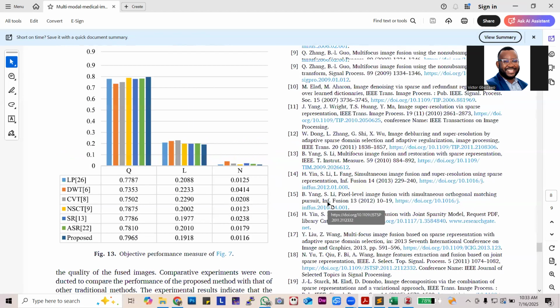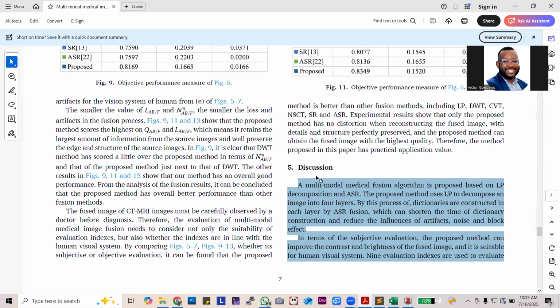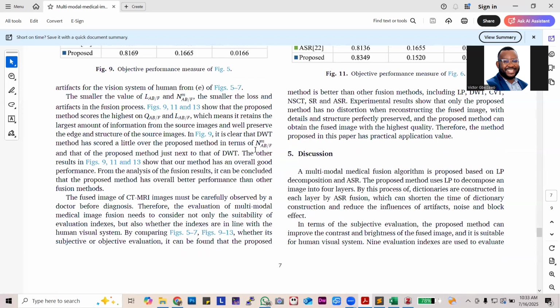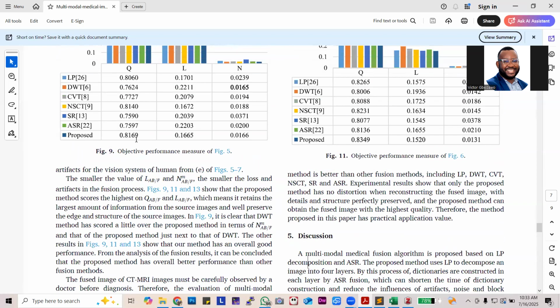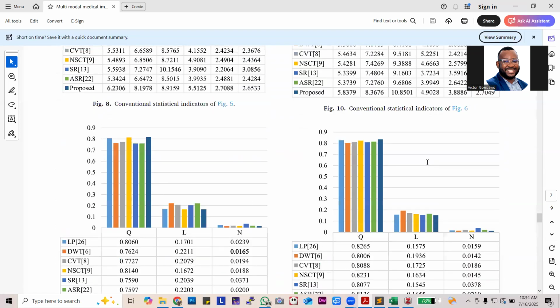I get it. If they did discussion, it means that the results you have gotten, explain what this means. So here they just place the artifacts for the vision system of human from E of figure. So if you look at figure 5 to 7, let's see figure 5.